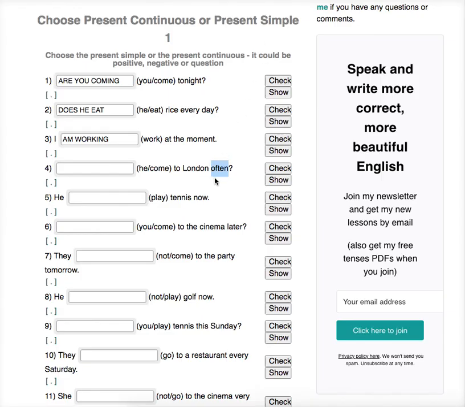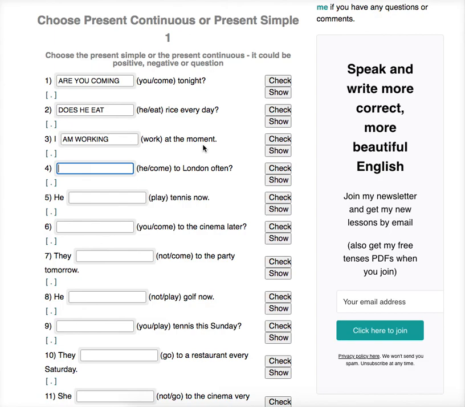Acuérdate que cuando es algo often, un hábito, una costumbre que tienes, que es seguida, cuando tienes un frequency adverb, ya te vas a saber que es simple, ¿listo? So, this is simple. How can you do it, Camilo? This is a question, so how can you do it? It's a question in present simple. Pregunta en presente simple, tienes un auxiliar. ¿Cuál es?